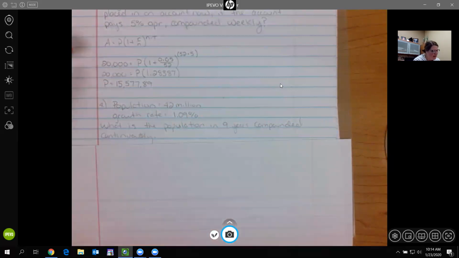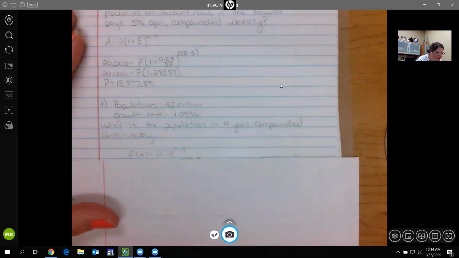So this formula up here is compounded, but not continuous. It's either monthly, most common, weekly, yearly, quarterly, which is just 4 times a year, bi-weekly, you could do semi-annually. So this compound is not continuous. Our formula for continuous looks like this. Now I put an f of x in there because this is population.